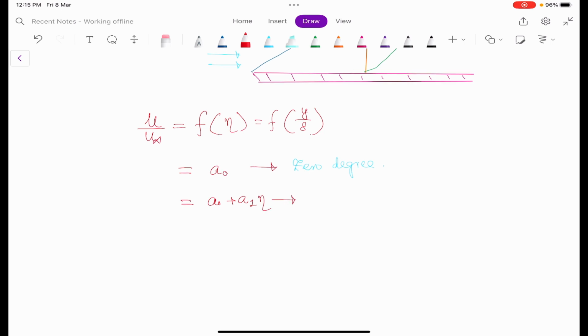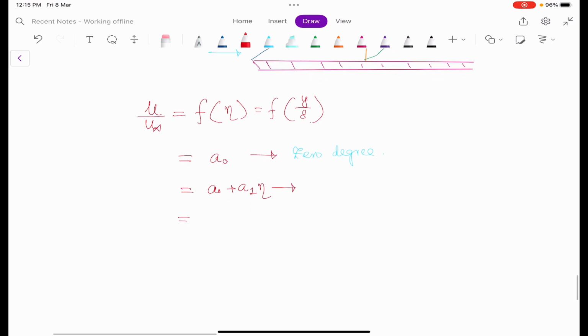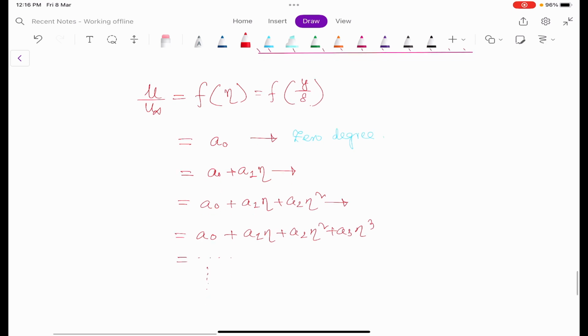Let me first write all the possibilities. This is a second degree polynomial, and this is a third degree polynomial, and likewise we can have fourth, fifth, and so on. So this is 0-degree, this is first degree, this is second degree, this is third degree.